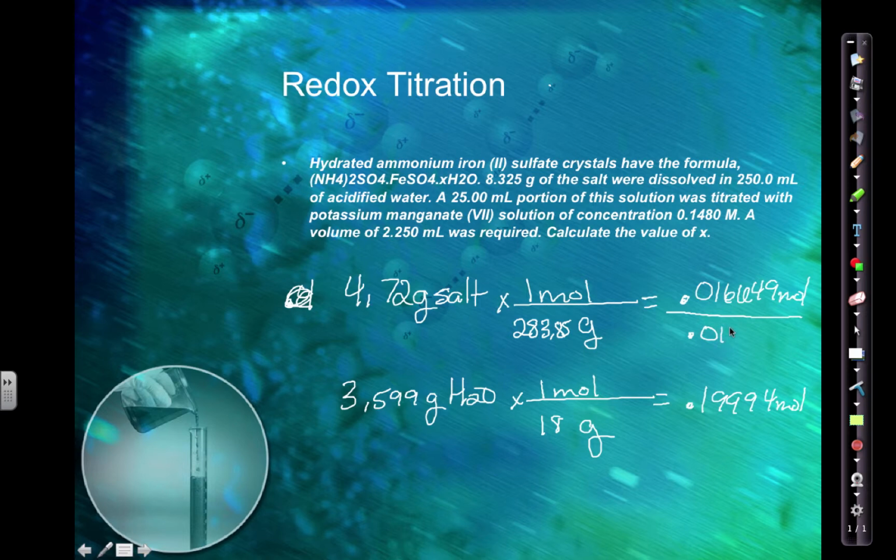This is my smallest number, so divide both these numbers by the smallest. So this divided by this should give me 1, and this divided by this gives me about 12. So my empirical formula is I have 1 mole of salt for 12 moles of water. So that's my empirical formula.